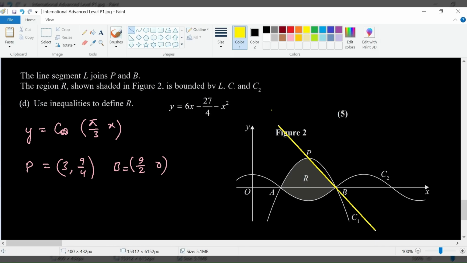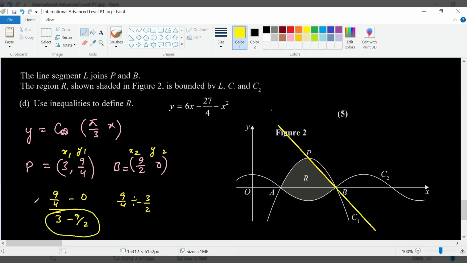So how do we find the gradient? Gradient is going to be y2 minus y1 over x2 minus x1. You know very well which one is y1 and which one is y2. This is going to be x1 and y1, and this is x2 and y2. So that means 9 over 4 minus 0 is divided by 3 minus 9 over 2. That means 9 over 4 is divided by negative 3 over 2.